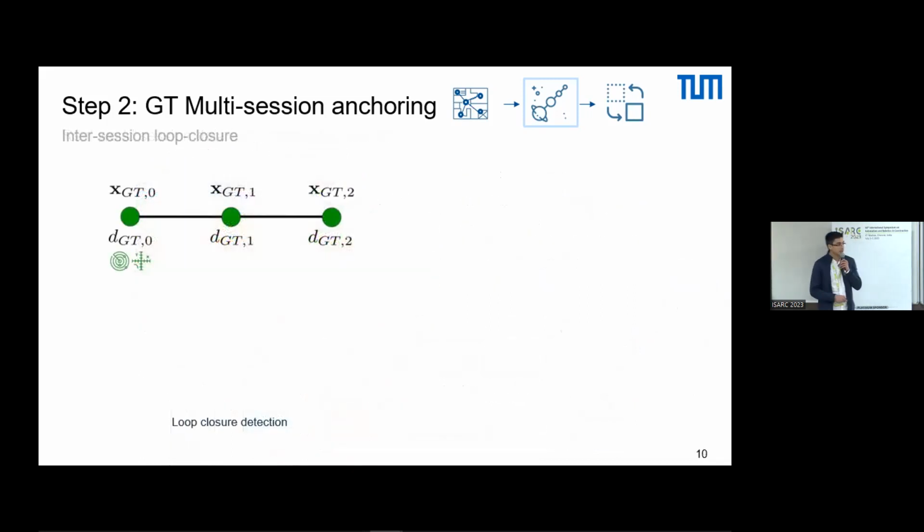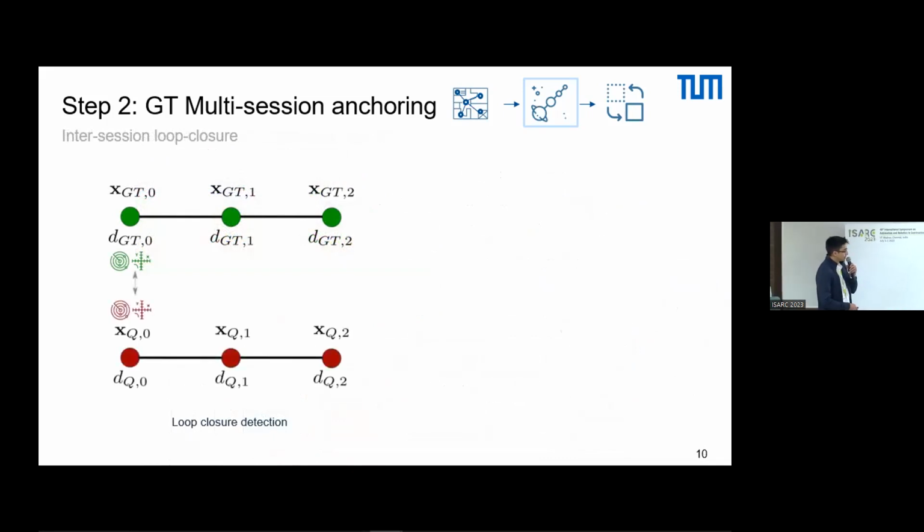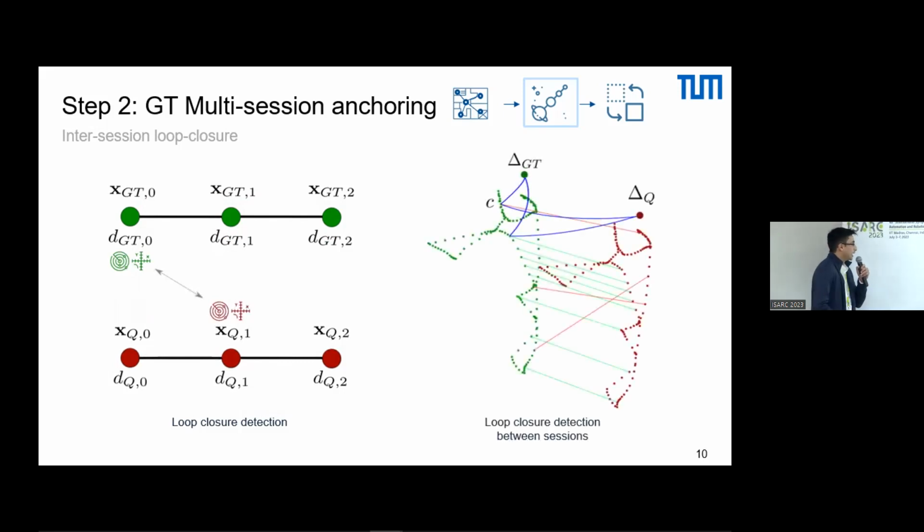Now that we have the ground truth session from the BIM model and the query session from the real data, we can compare descriptors between each other and find correspondences. Once we have found certain correspondences, we can calculate the best alignment of these two sessions, adding what is called the anchor node factor into the pose graph optimization problem.